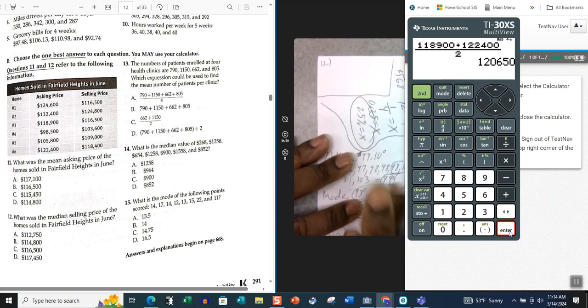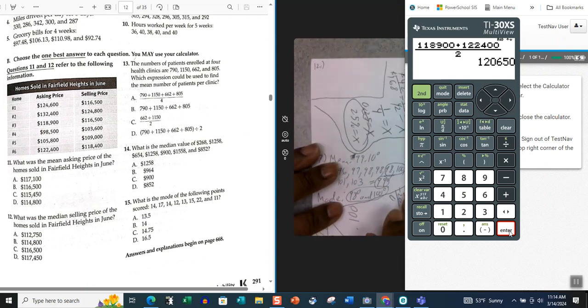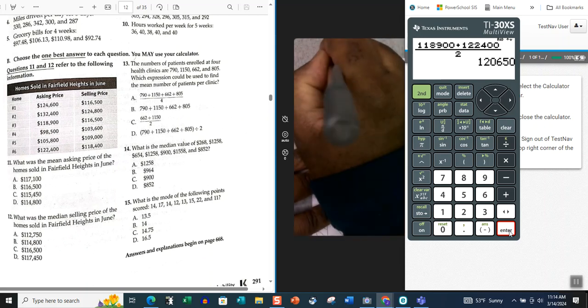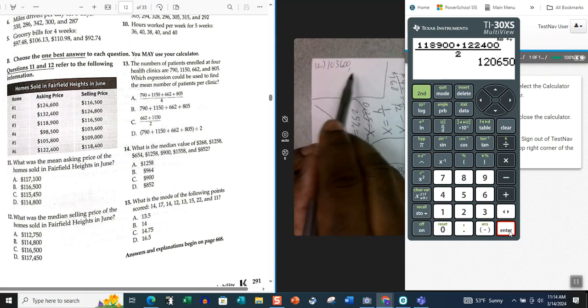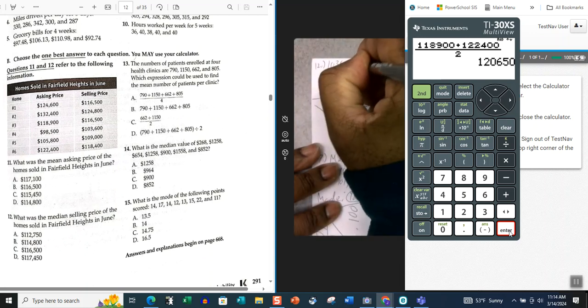So now we go back to number 12. They said the selling price, so we had to organize this according to the selling price. The lowest selling price was $103,600. I'm not going to put the commas in between the numbers because we're trying to line these numbers up. So 103,600. Next will be 109,000.